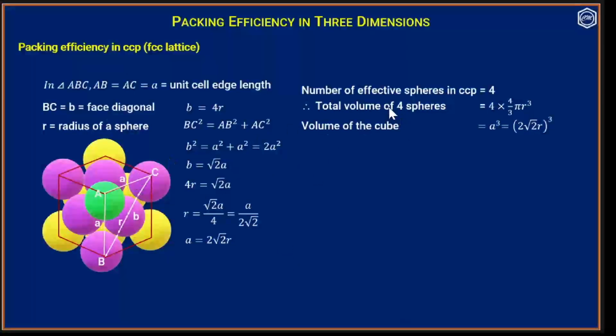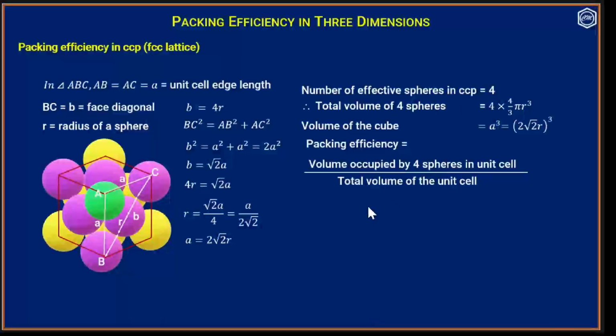For a face-centered cubic lattice, the effective number of spheres is 4. Therefore, the total volume will be 4 into 4 by 3 pi r cube. The volume of the cube is a cube, and a is equal to 2 root 2 r, that is, 2 root 2 r the whole cube. Packing efficiency is the volume occupied by 4 spheres in the unit cell divided by the total volume of the unit cell, into 100.